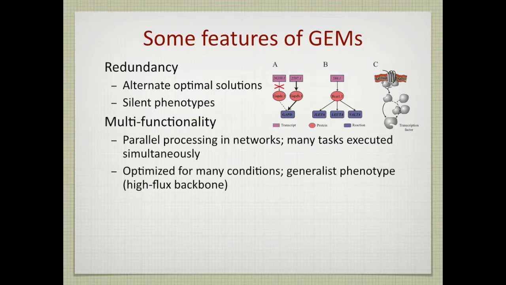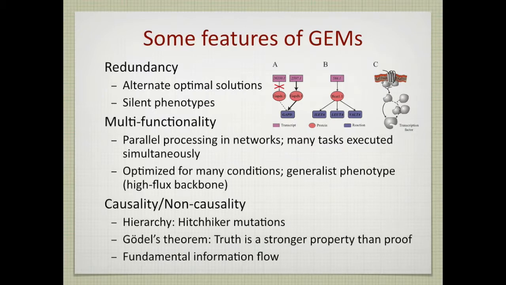And then there's one I won't talk so much about, but there is causality and there is non-causality in biology. So remember, we have hierarchical layers in this description between the genotype and the phenotype. One example of non-causality is a hitchhiker mutation. And I think you've heard about those. So there is one causal mutation that is being selected for, and then there's another one just selected for at the same time.